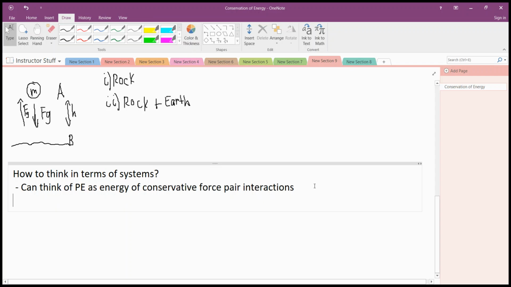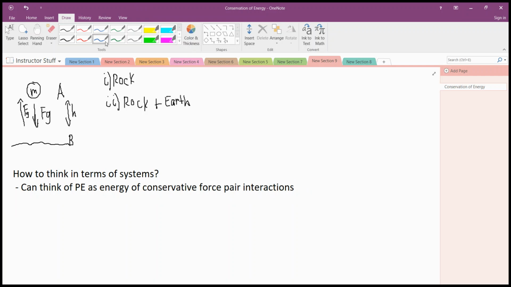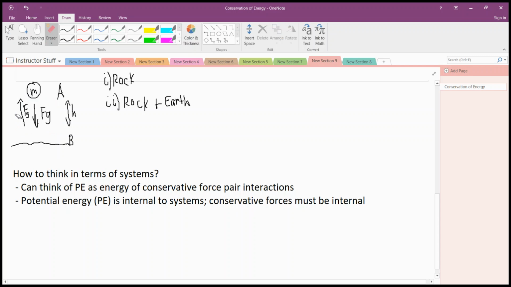So firstly, you can think of potential energy as the energy of conservative force pair interactions. So here I have conservative forces, and they are an action-reaction pair of forces. And we can think of potential energy as the energy of these conservative force pair interactions. Next, we can think of potential energy as being internal to systems.